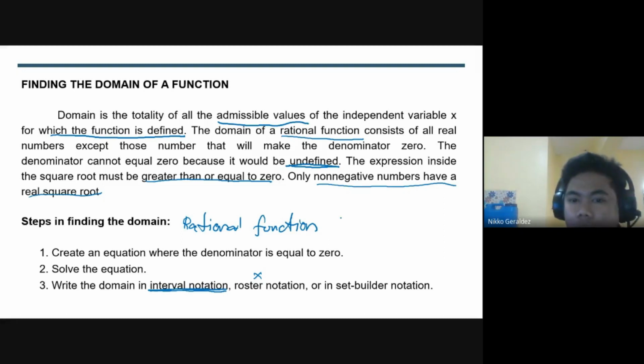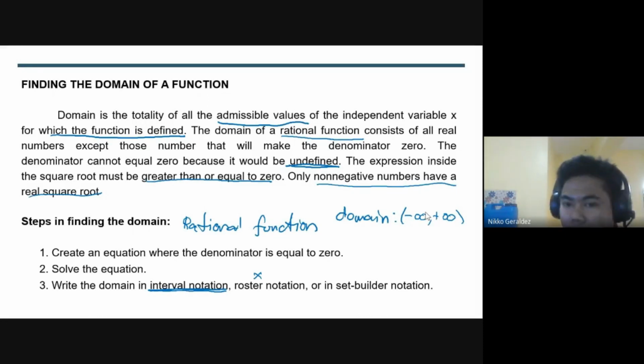So pag ang domain mo, sinabing all real numbers, matagal magsulat ng domain kasi lahat all real numbers including negative, decimals.